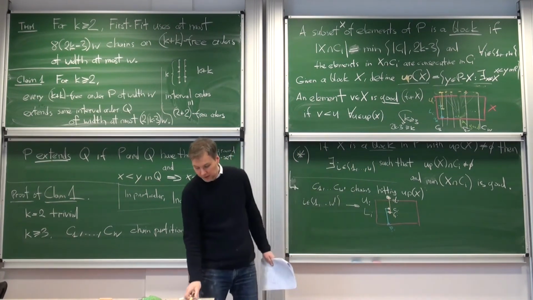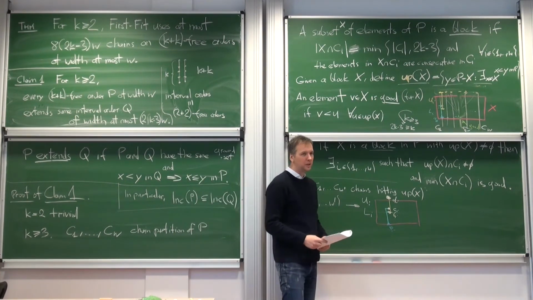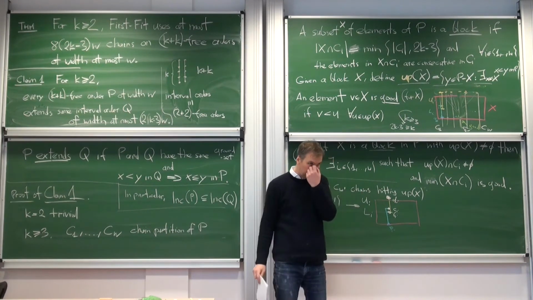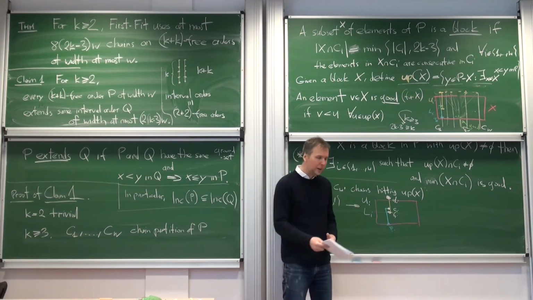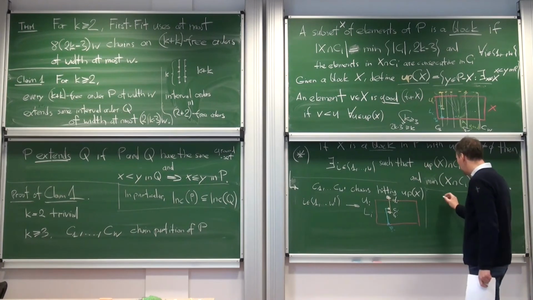Now we want to find a good element. So we want one of the A's to be good. In order to do that, let's consider an auxiliary digraph.